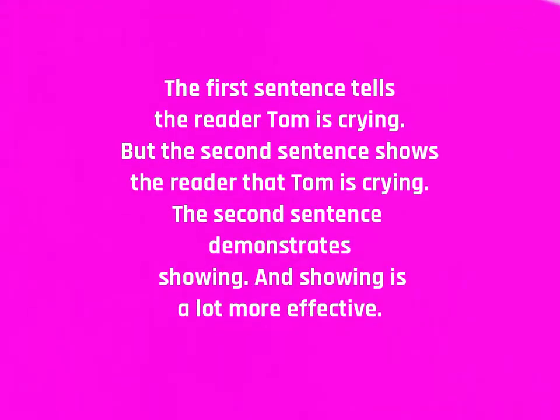The first sentence tells me that Tom cried. But the second sentence shows the reader that Tom is crying. They send the same message, but usually the second sentence of showing the reader can provoke a more emotional impact on the reader. Here is another example of showing, not telling.